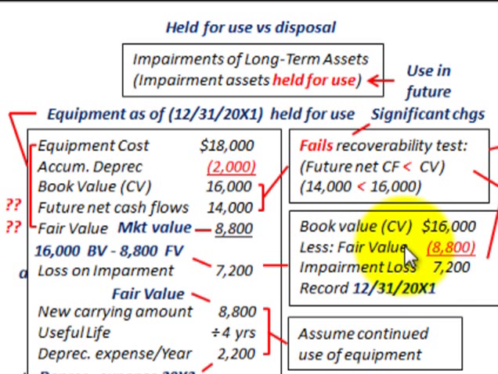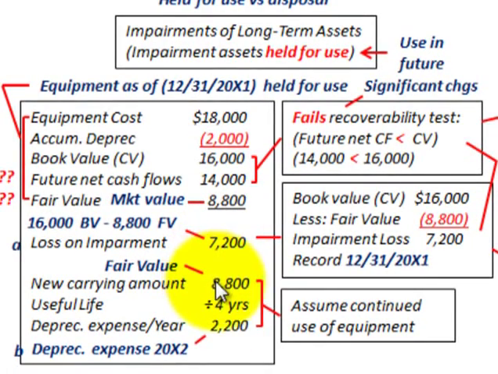So you can see our fair value of $8,800 is less than the carrying value of $16,000. That gives us our impairment loss of $7,200, and we'd be recording this on 12/31/20X1. So again, our loss on impairment: $16,000 book value less the fair value of $8,800 gives us $7,200.